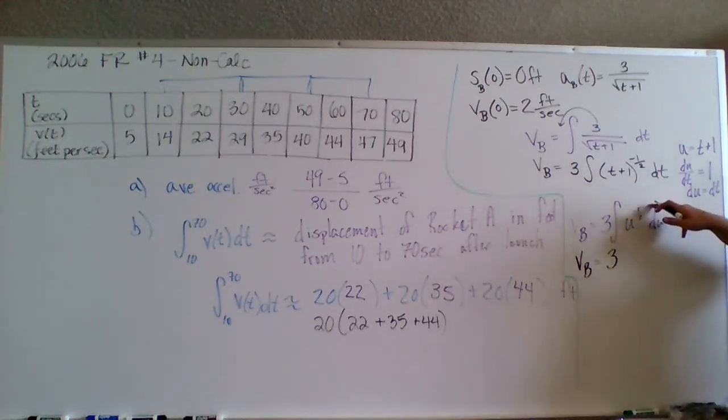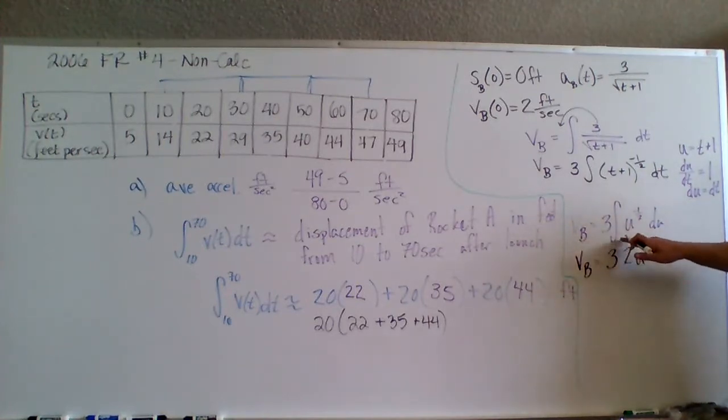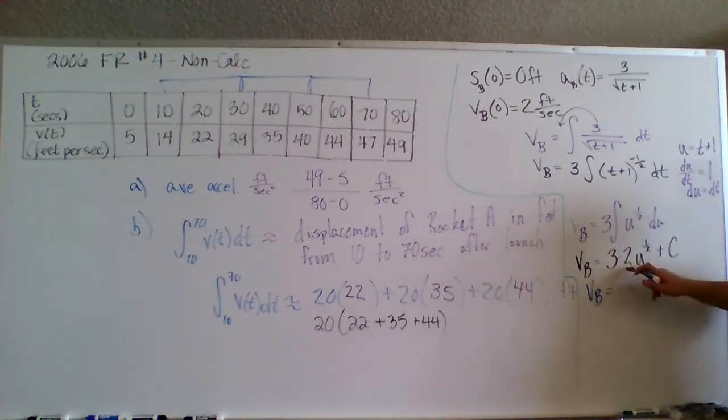We add 1 to my exponent, so it's a positive 1/2, and we divide by the new exponent, so I'm really just going to be multiplying it by 2. We're integrating an indefinite integral, right? There's no boundaries, so you have to have your plus c. All right, so that means VB is going to equal 3 times 2 is 6 times u, and remember, u is the square root of t plus 1 here.